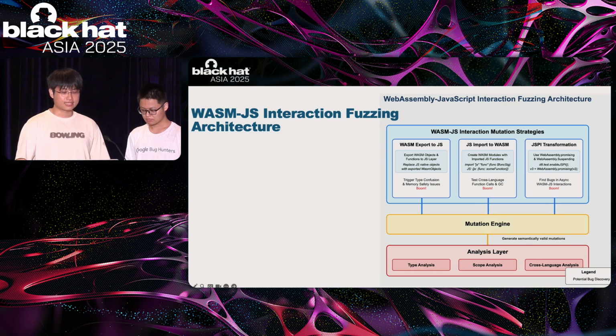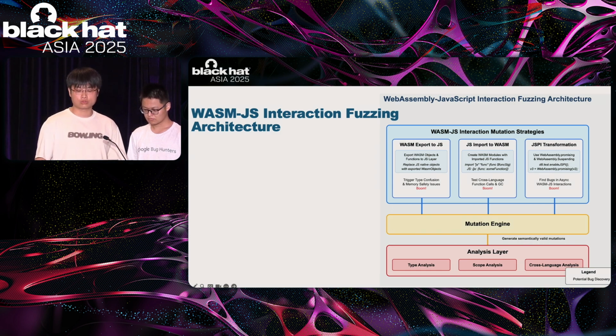Second, we extend fuzzing to JS imported into WebAssembly by passing JS functions, including regular and asynchronous functions, into WebAssembly as imports and performing randomized calls and mutations. We can thoroughly test the WebAssembly-to-JS bridges.